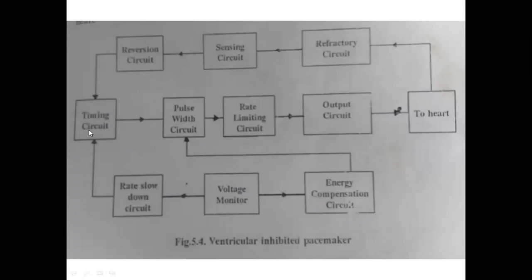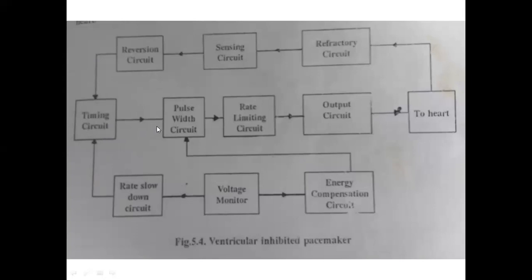If the sensed R waveform is producing a very fast rate, the rate slow down circuit will produce a signal, and due to that the pulse generation decreases.